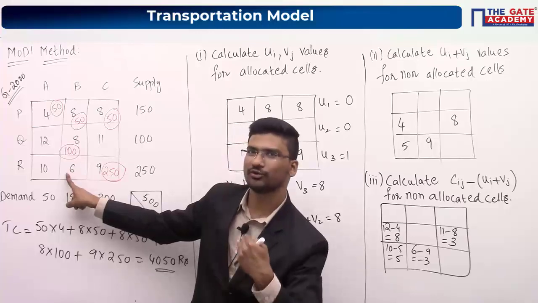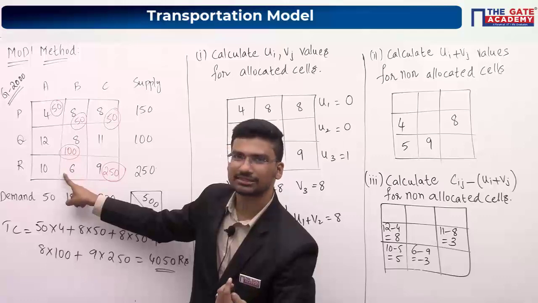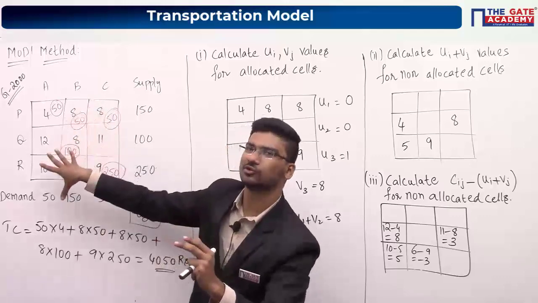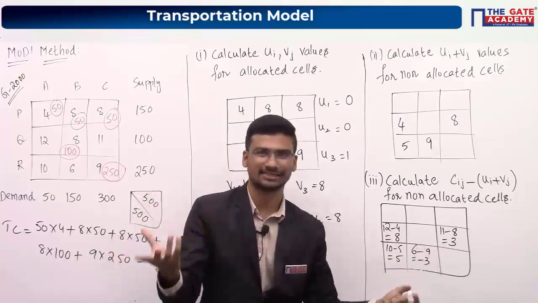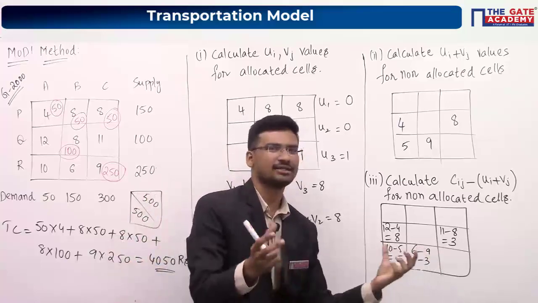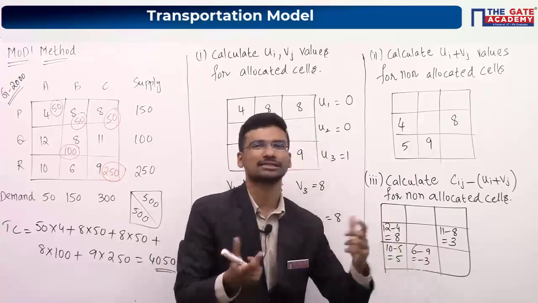If you do allocation in this cell, then you can make this solution optimal. That's what this negative value says: you can decrease your total cost by allocating in this particular cell.